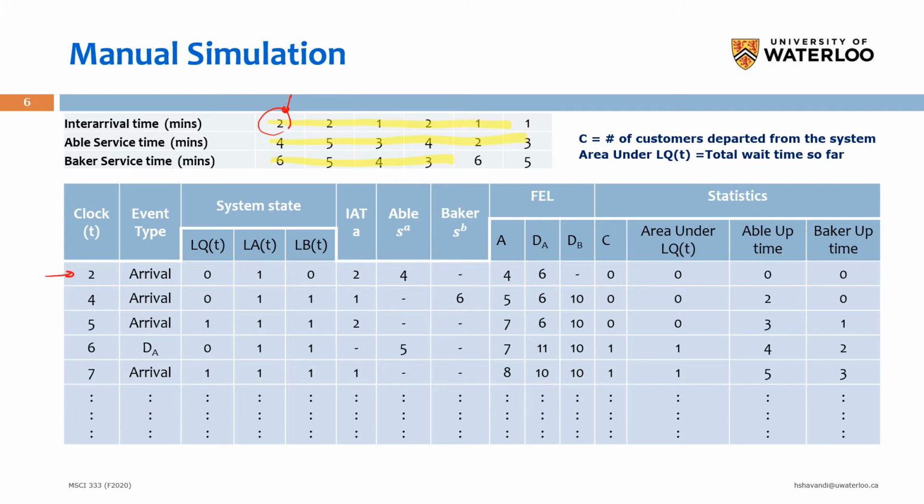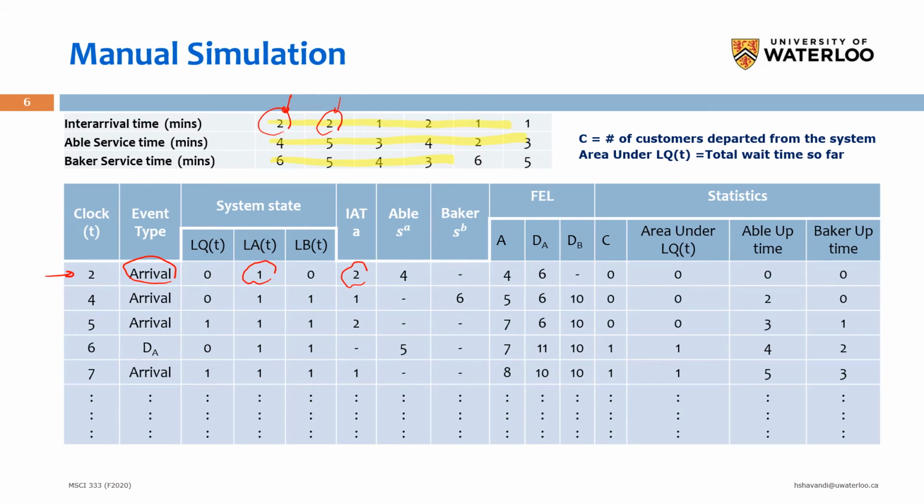So we have an event at time 2, which is arrival. Okay, and so Able is free, so Able takes this call, so the status changes to 1 from 0, and since it's arrival, we need to obtain the next arrival time, right? So we need to generate the inter-arrival time for the second customer, and again, based on the data that we have here, it's 2 minutes, so we have 2 here.